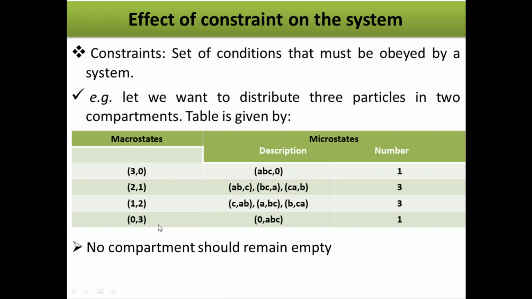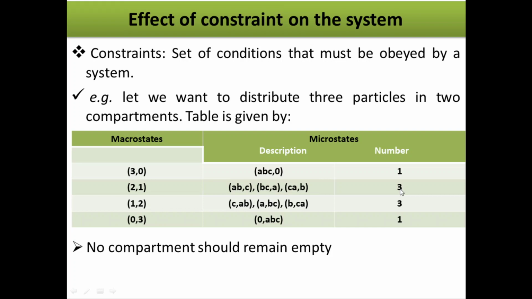The system can have only 2 macrostates, that is 2, 1 and 1, 2. Each has 3 microstates, so the total number of microstates is 3 plus 3, that is 6. So for this constraint we have 2 macrostates and 6 microstates.